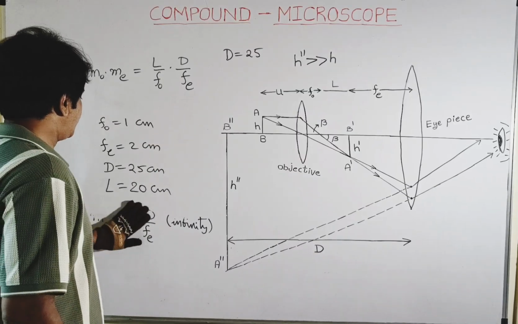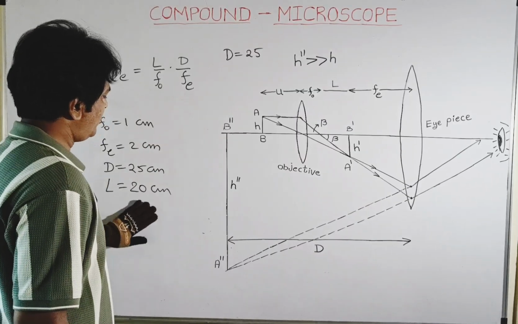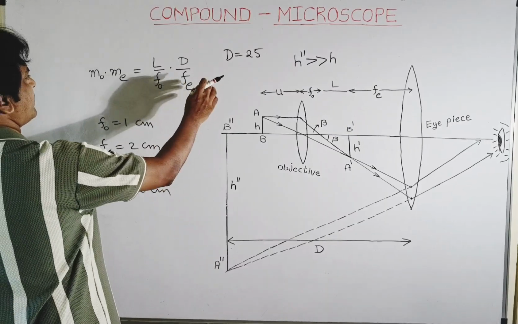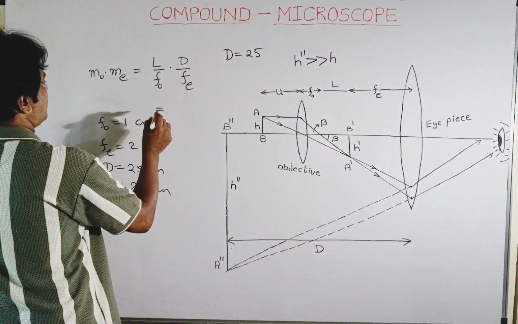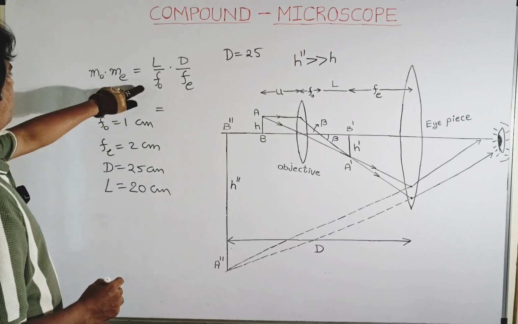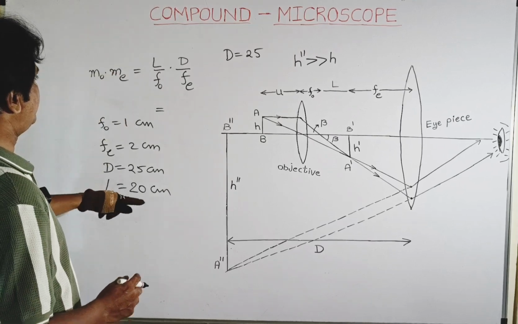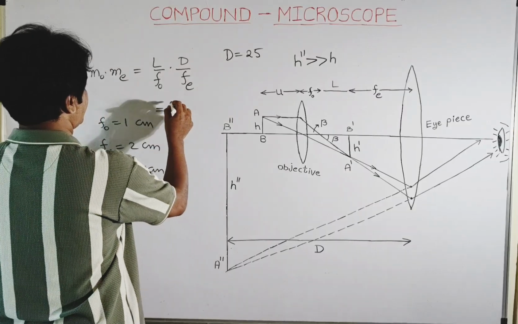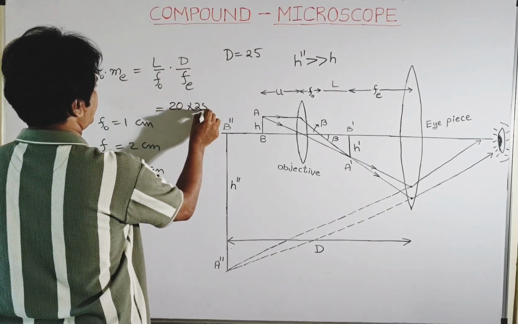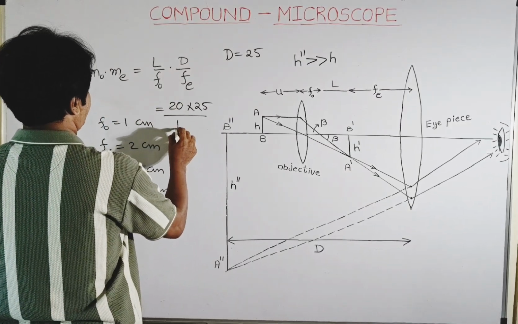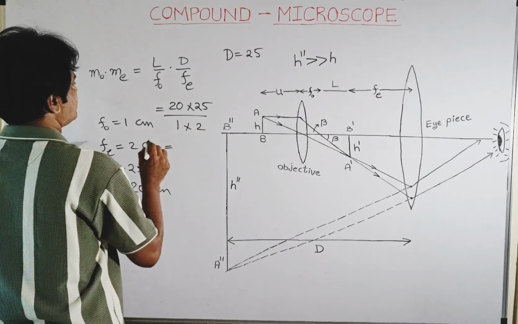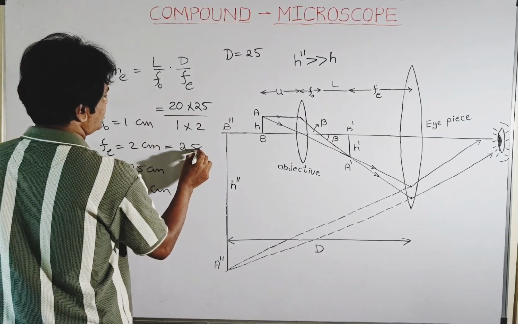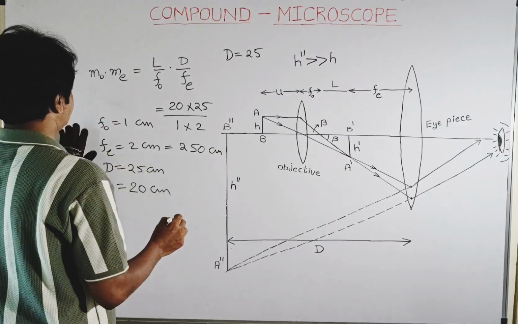With this data, what magnification will we get? Substituting into the formula, tube length 20 into 25 by 1 into 2, we get 250.